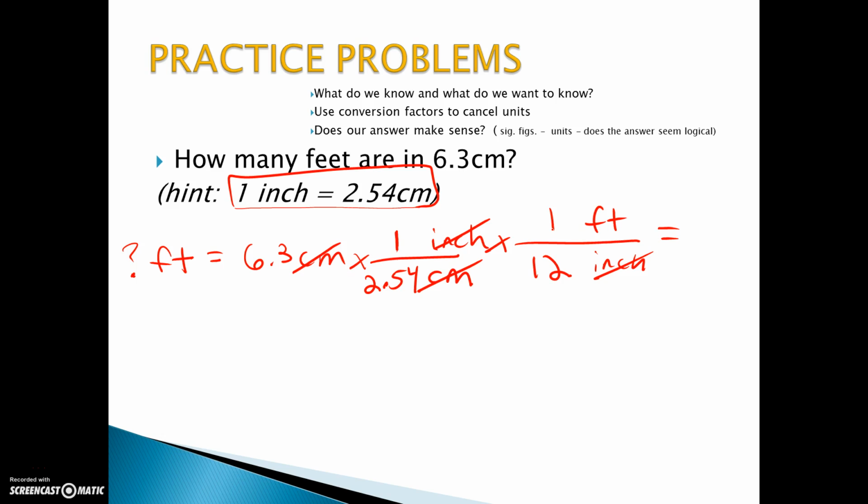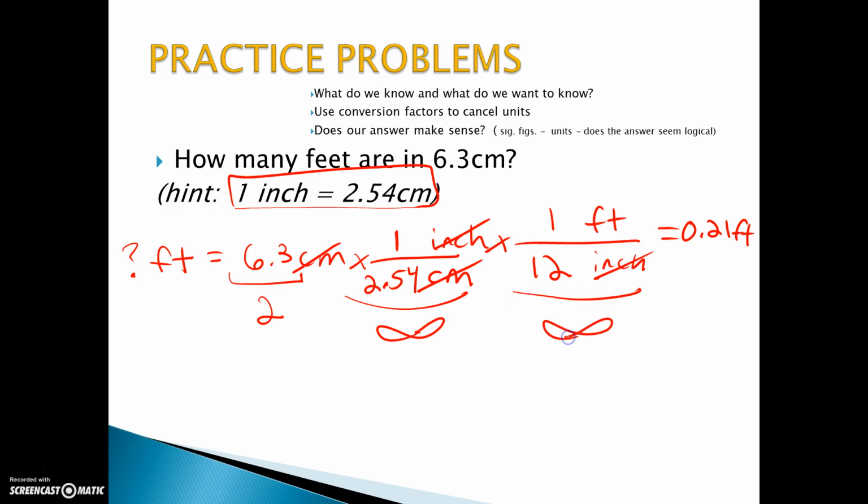Looking good. At this point, I just need to bust out my calculator, which I now have. I got 0.21 feet. If you look at this, this has 2 sig figs.